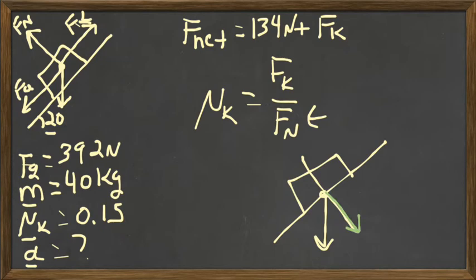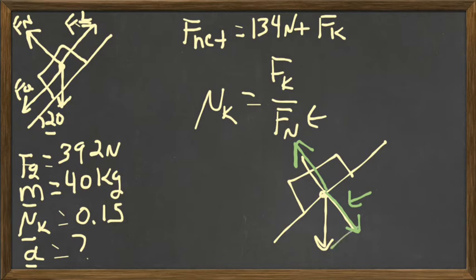Because if I look at it, this particular force is your normal force. That component of the object's weight right there is exactly in the opposite direction of the normal force. So barring any other forces acting in the y direction, that is going to be the value of the normal force.